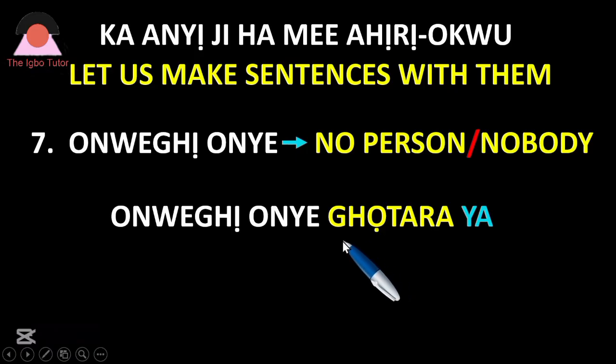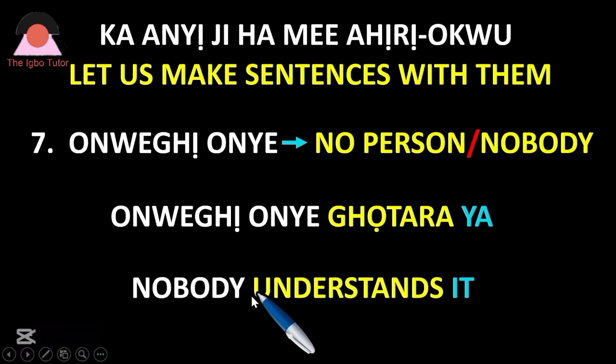No, it's gh. Sounds like you're saying ye in you. This is GH. It's one alphabet in Igbo. Together is pronounced as ye. So this is ghọtara ya. Onweghị onye ghọtara ya. Let's look at the meaning. Nobody understands it.